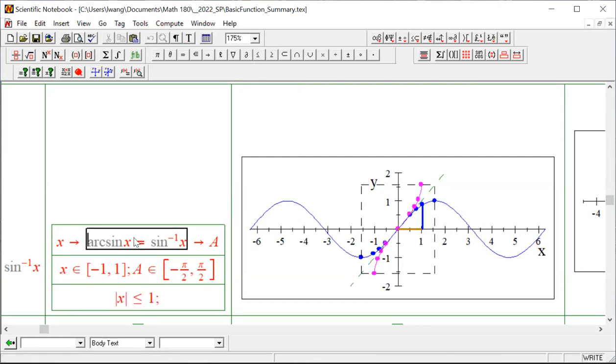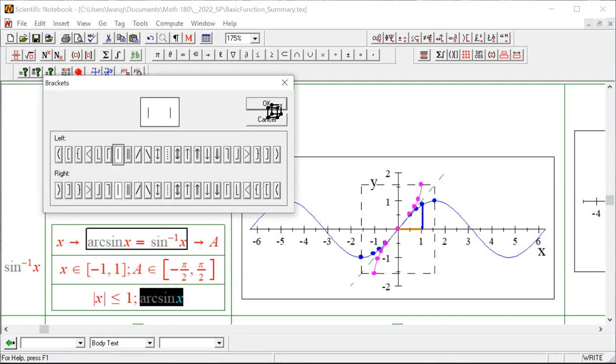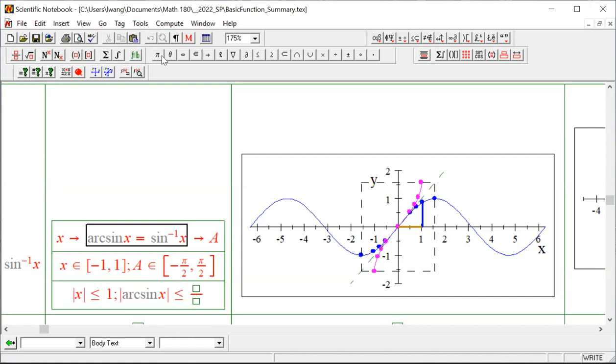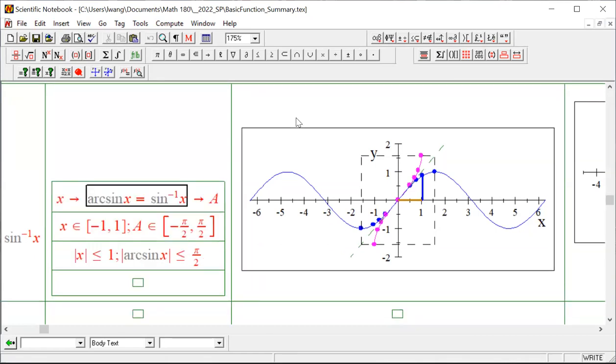And for arc sine, the absolute value is less than or equal to pi over 2. So all these are different forms of expressing domain and range, and it can be expressed mixed or the other. I'm giving you all of these different forms, okay?